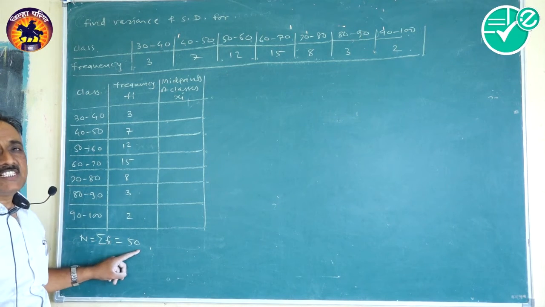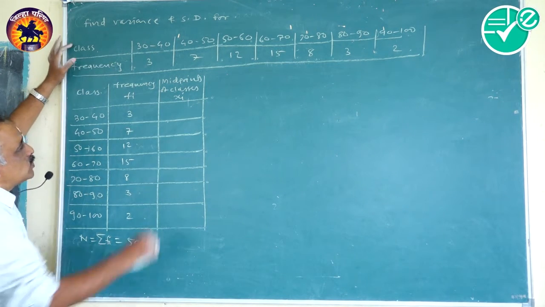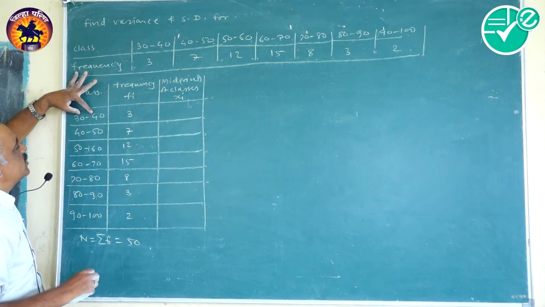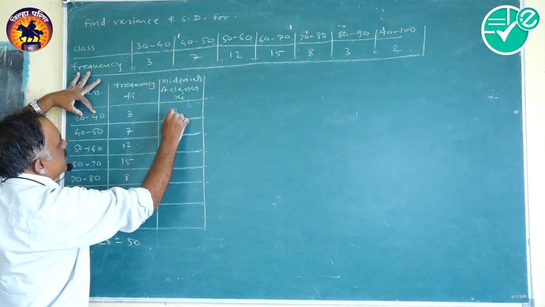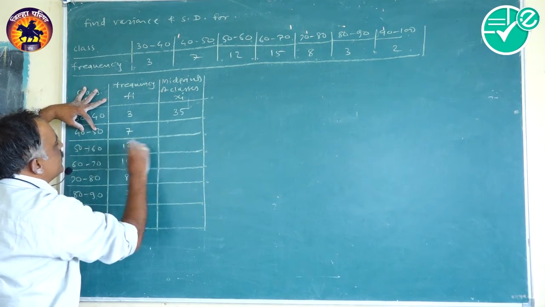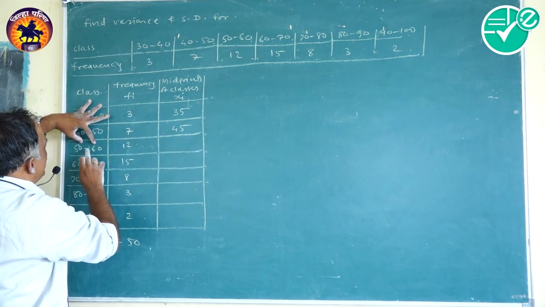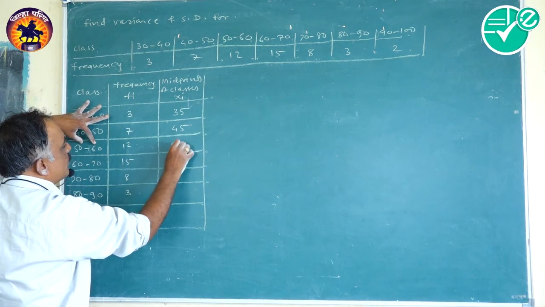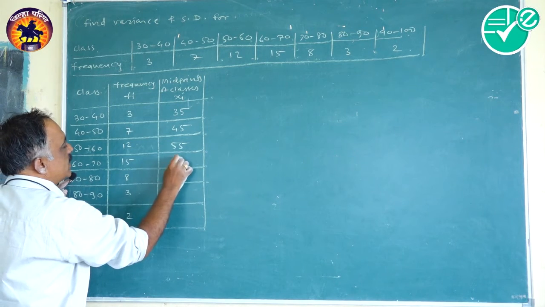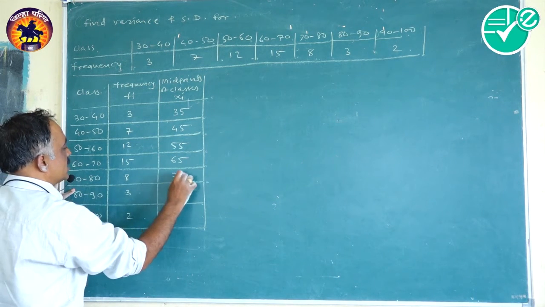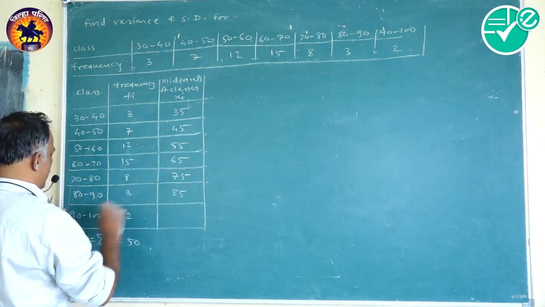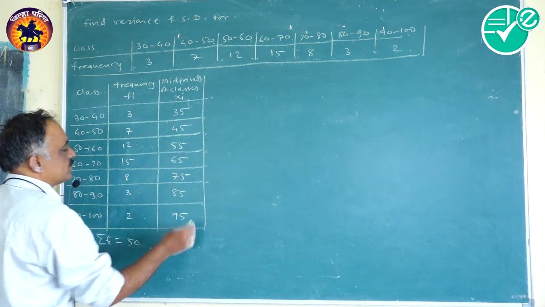So the sum of the frequencies is equal to 50. Now the midpoints of the classes. What is the midpoint of 30 and 40? That is 35. Midpoint of 40 and 50, 45. Midpoint of 50 and 60, 55. 60 and 70, 65. Then 75. Then 85, and then 95.